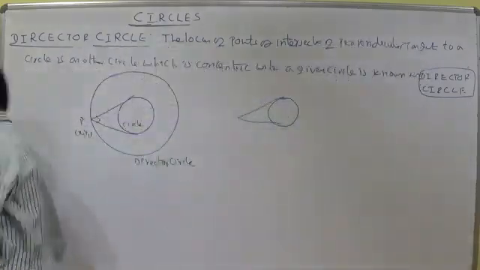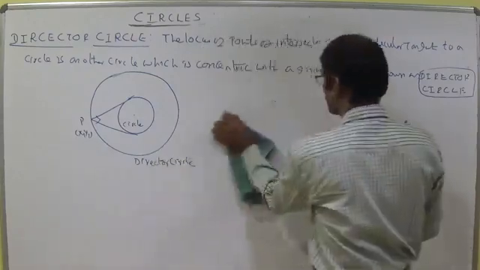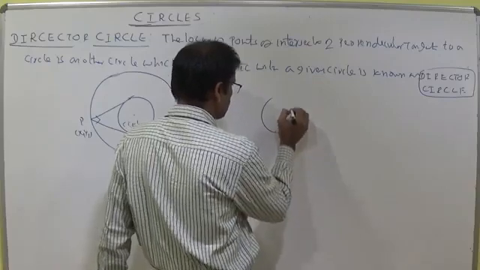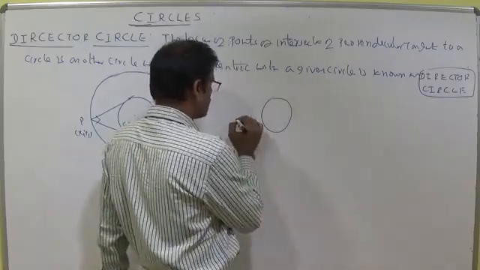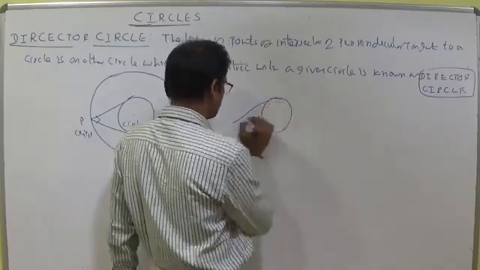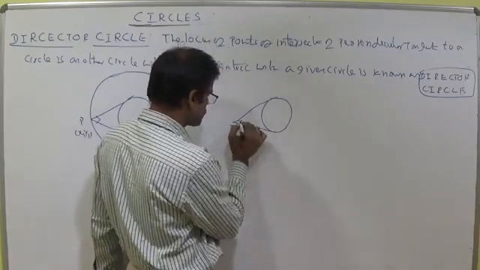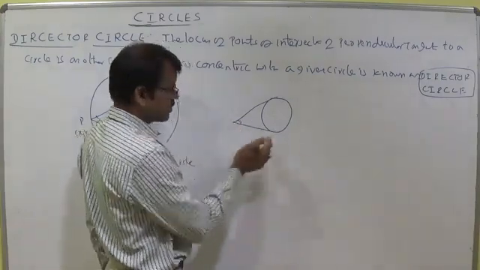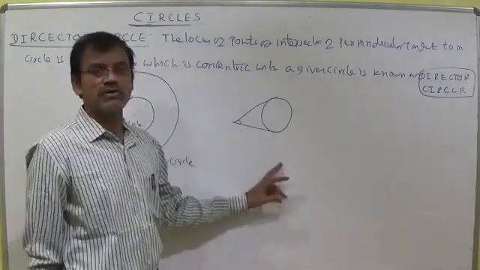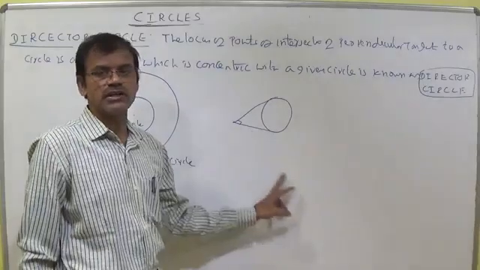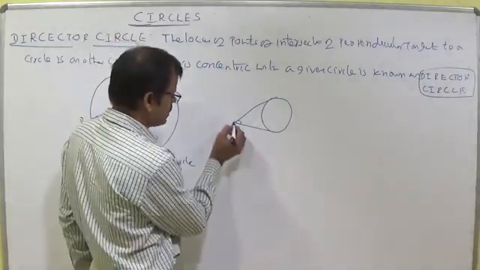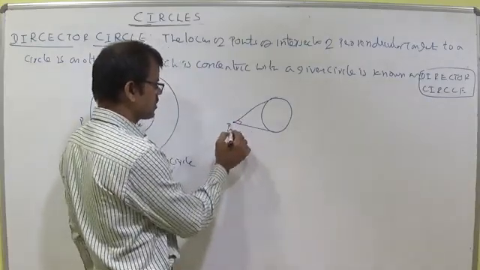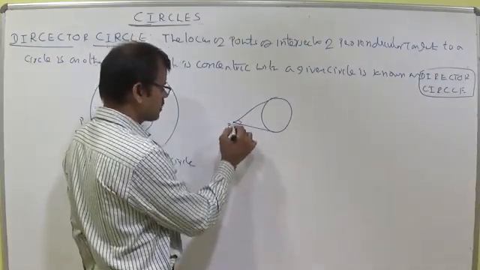The locus of points of intersection of perpendicular tangents: if the tangents are perpendicular, maybe you take this as a perpendicular tangent. From any external point you can take, you will be getting two tangents like that. This is a point of intersection, where the tangents intersect at a point P(x1, y1). Like that.